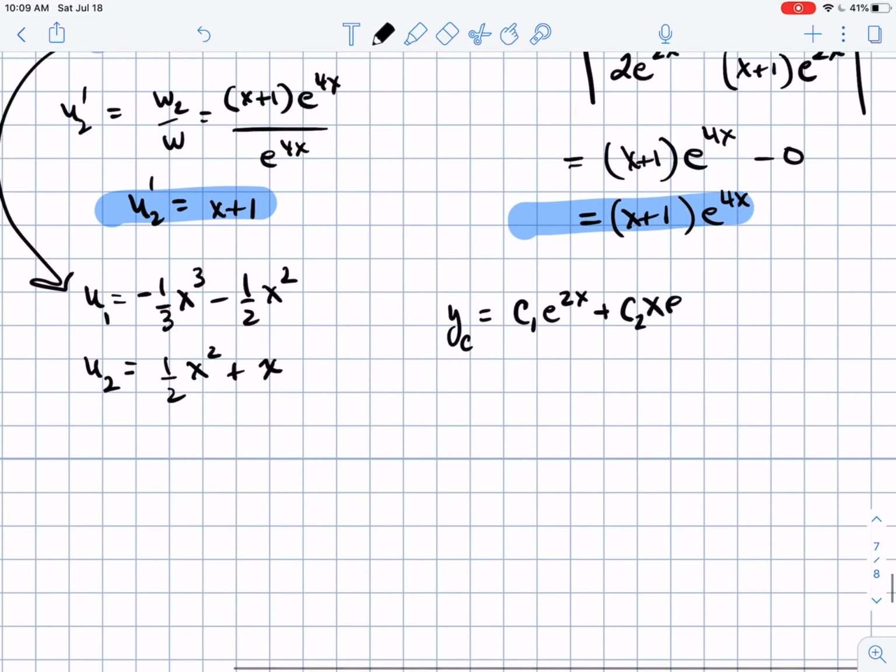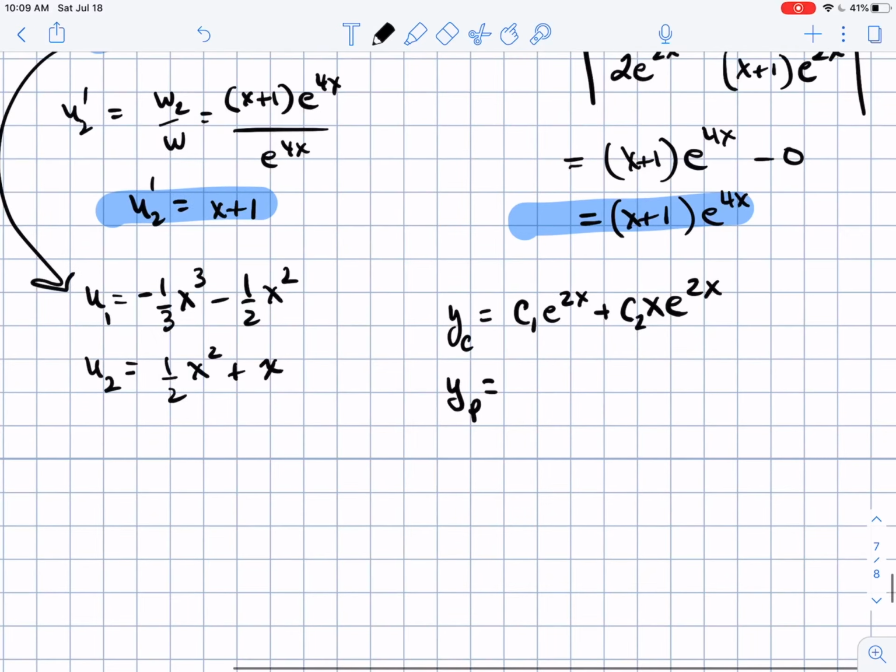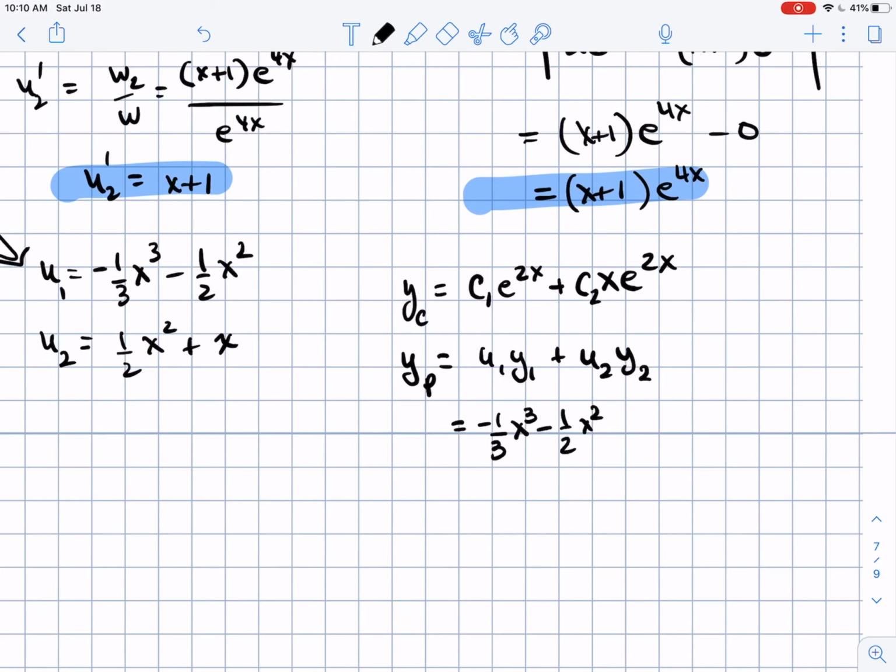Now for our particular solution, we're going to use u1 y1 plus u sub 2 y sub 2. So I get u1, which is negative 1/3 x cubed minus 1/2 x squared times y sub 1, which is e to the 2x.